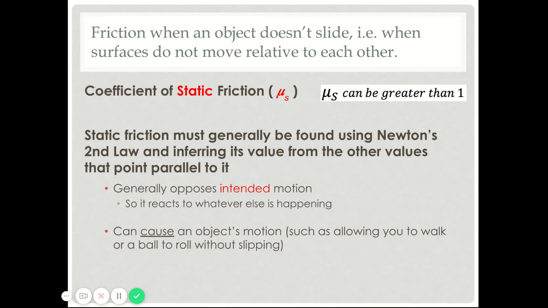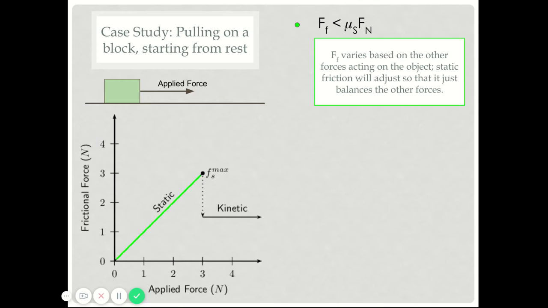Similarly, for a ball rolling without slipping, there is a static friction that keeps the object from slipping along as it rolls or as it spins. That direction can be a little bit trickier to determine. We'll look at different examples throughout the year.